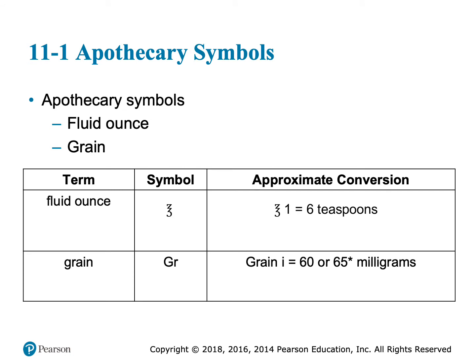So there are 2 common symbols that you need to memorize in the apothecary system: the symbol for fluid ounces and the symbol for grains. You can see them here. The fluid ounce is like a Z with a 3 hanging on the bottom, and grains is a capital G with an R.